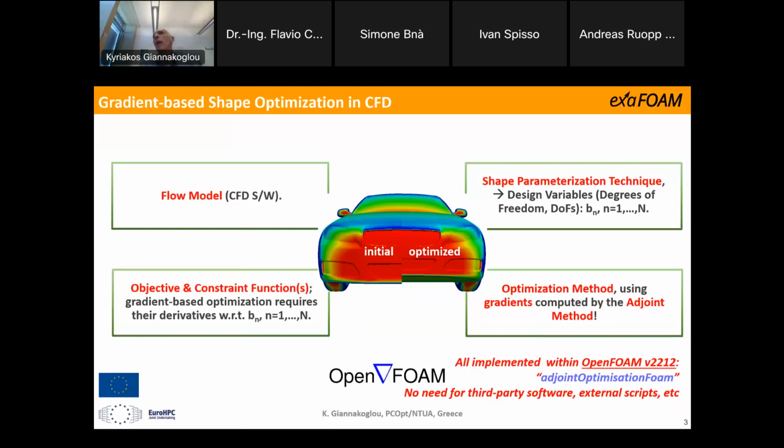In this talk of mine, I'm going to focus only on gradient-based methods, and I'm going to talk about the adjoint method, the continuous adjoint method. Some of the tools we're going to use here can be found in adjointOptimisationFoam, the publicly available library our group has built and made available through OpenFOAM.